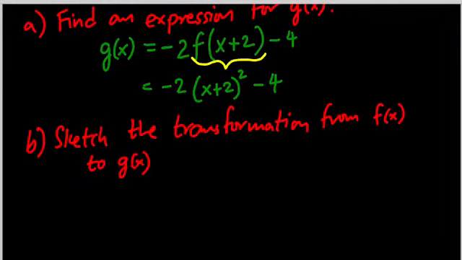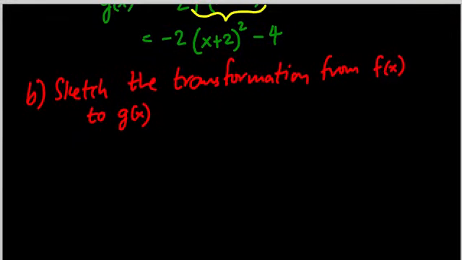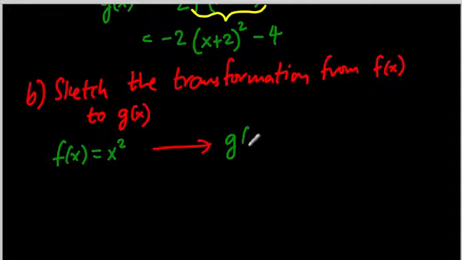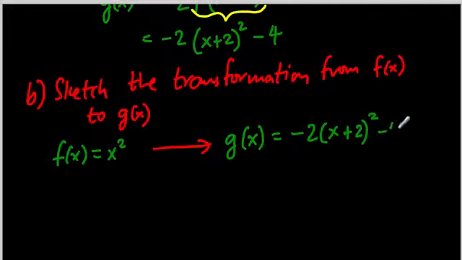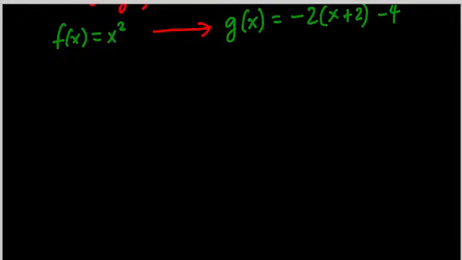Well, now that we have our function for g of x, this is actually really, really simple. We know that f of x is equal to x squared, and g of x, I'm going to go back to green, which we just determined, is negative 2 times x plus 2 squared minus 4. And since we have that, now we can just sketch the transformations.